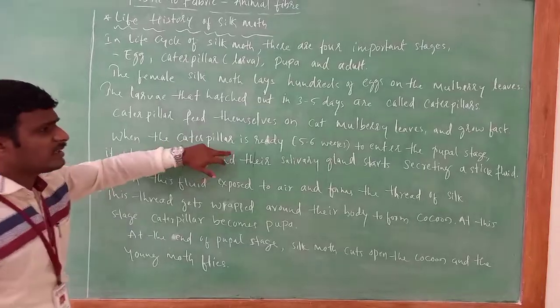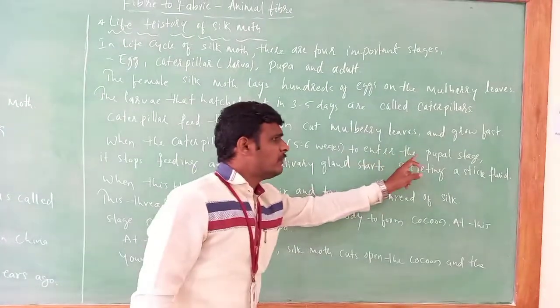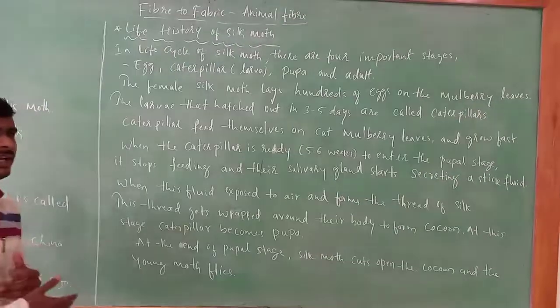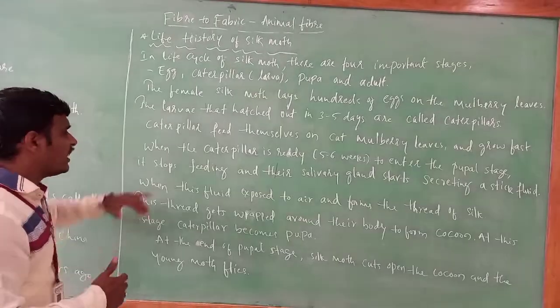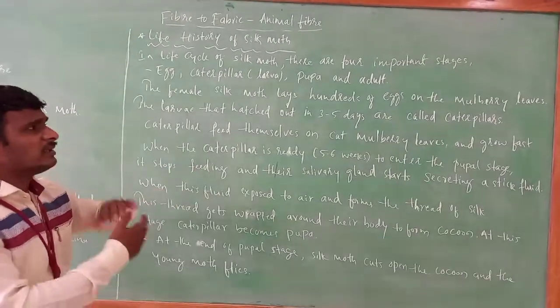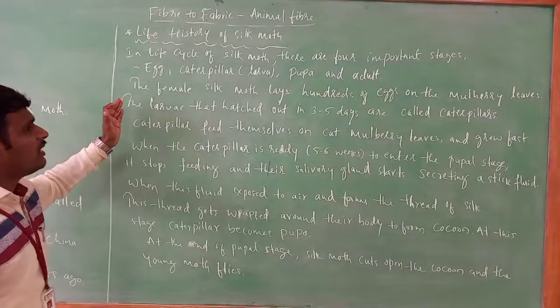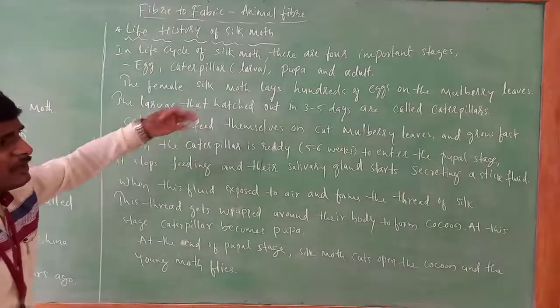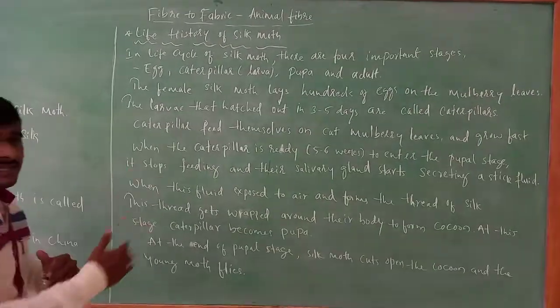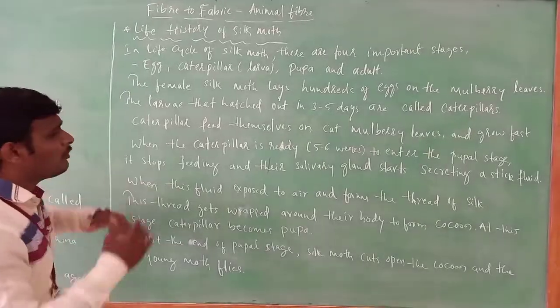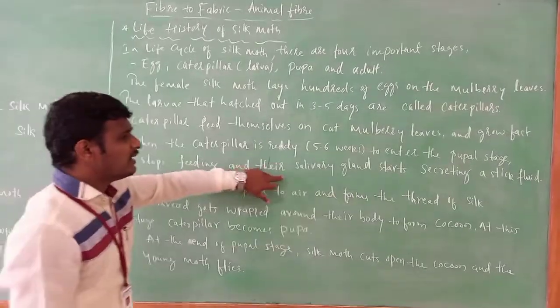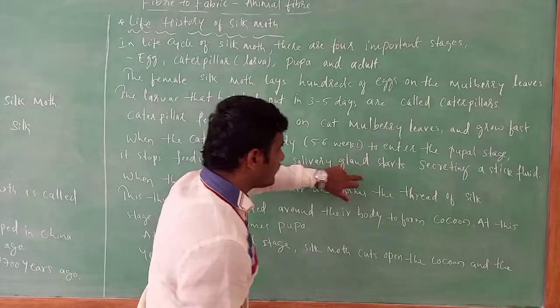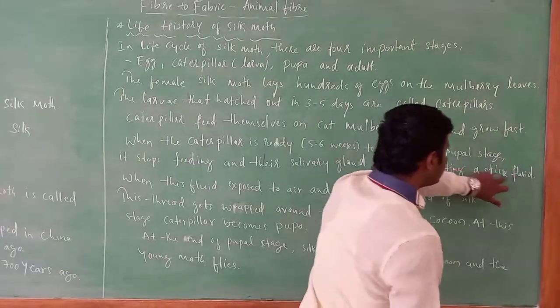When the caterpillar is ready to enter the pupal stage, it stops feeding. The caterpillar feeds on the mulberry leaves, but when it is entering the pupal stage, it stops feeding, and its salivary gland starts secreting a sticky fluid.